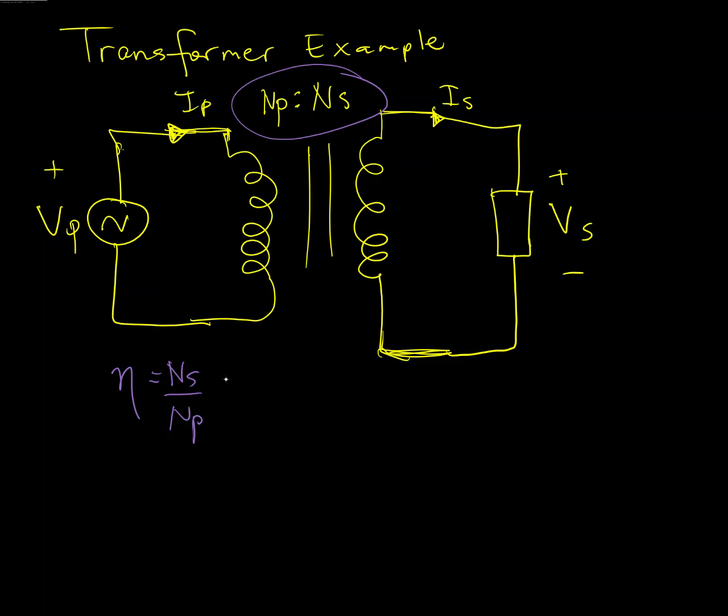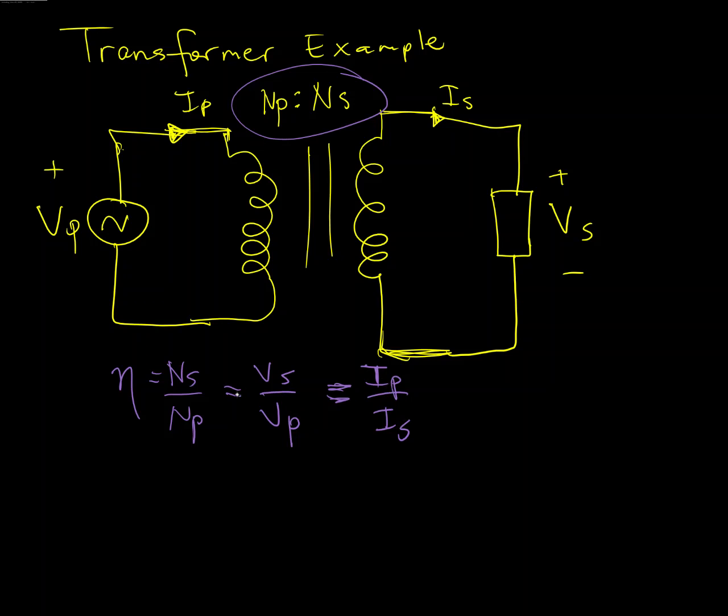And we know then that this is also the ratio of VS over VP, and the inverse of this ratio is also IP over IS. So notice that the current ratio and the voltage ratio are actually swapped, and that is appropriate here.